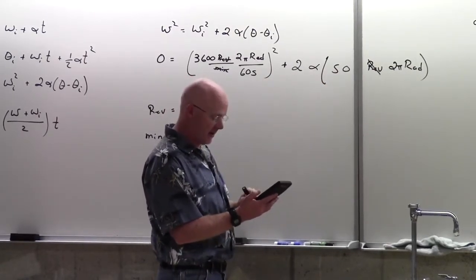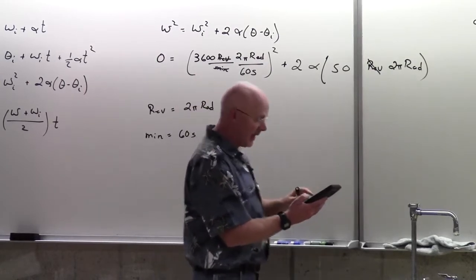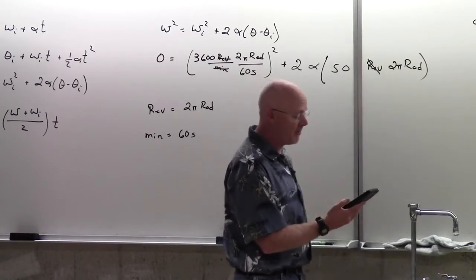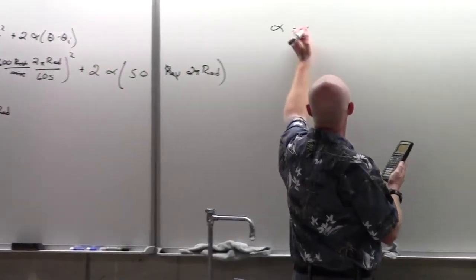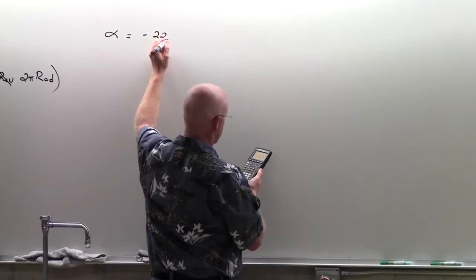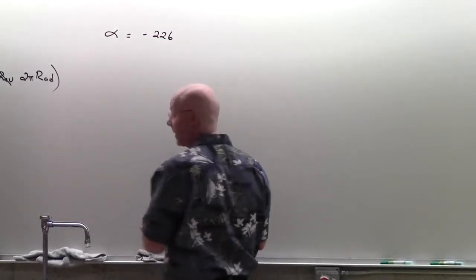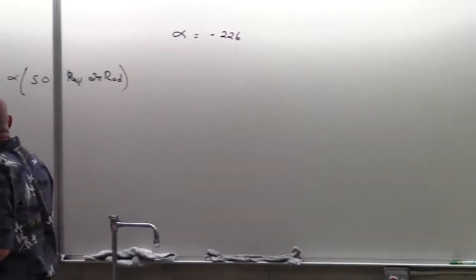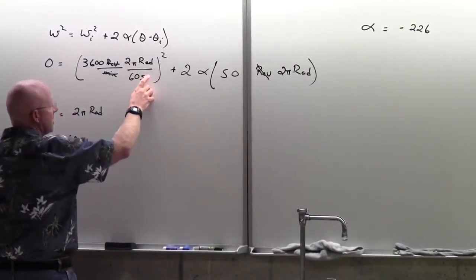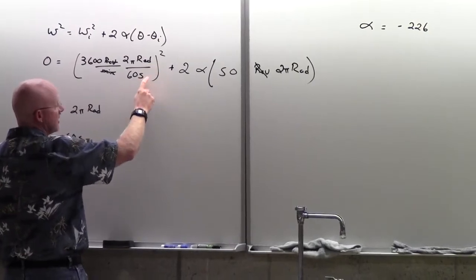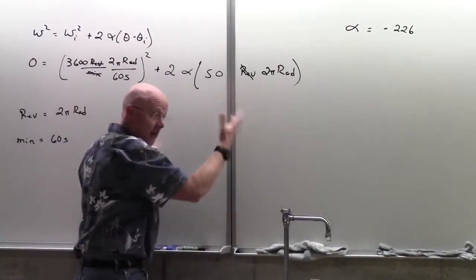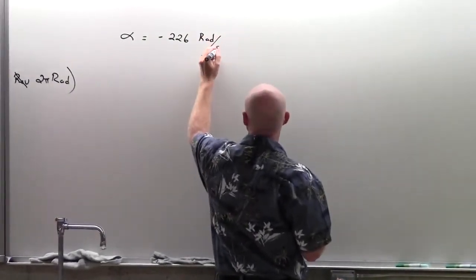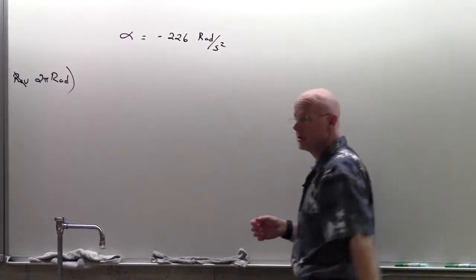I can divide that by a 50 as I bring that over. I can divide by another 2 when I bring that over. And finally I can divide by pi. And so I get a -226. And of course now I want to look at my units here. It looks like once I squared that, I got radians squared and seconds squared. And when I divide by a radian, then this would be radians per second each second.